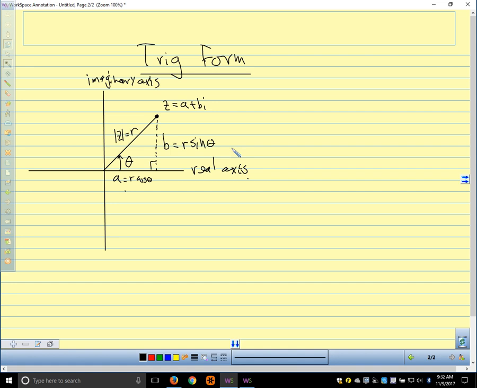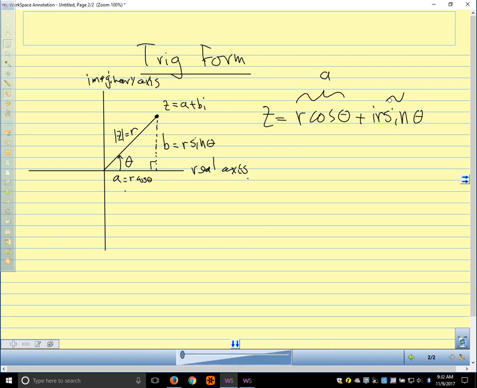So in trig form, we can say that z equals r cosine theta plus i sine theta. This part here is A, and this part, oops, I forgot my r. That part is B. Those little pieces of that triangle.